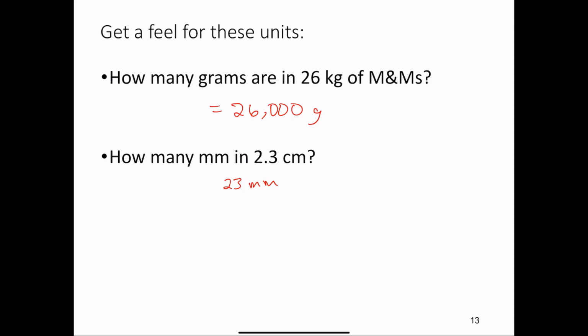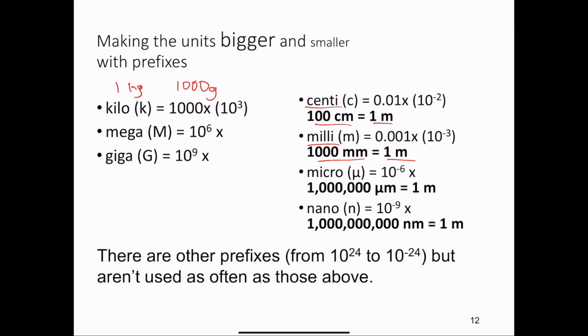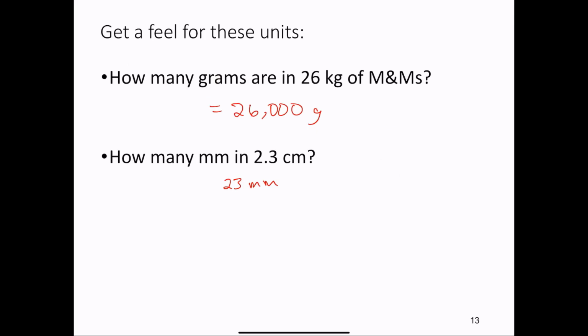Okay, so what we really know for sure is that there's 1,000 millimeters in 1 meter, and there's 100 centimeters in 1 meter. And so what I think is the safest thing to do is to relate the centimeters to a meter, and then relate the meter to 1,000 millimeters. Let me show you. Okay, so we know that we're starting off with 2.3 centimeters. That's what we've got.